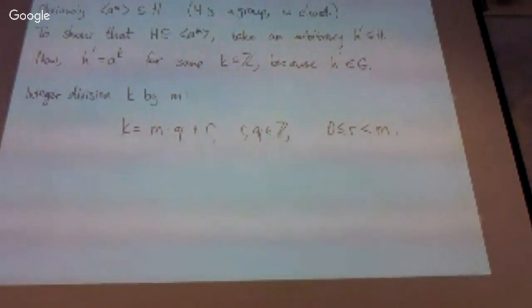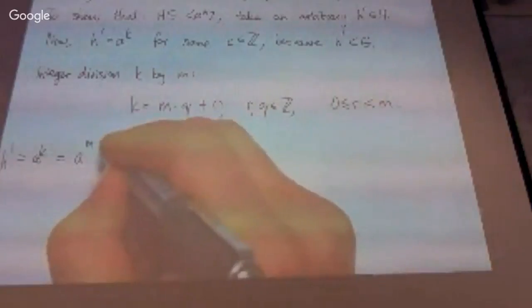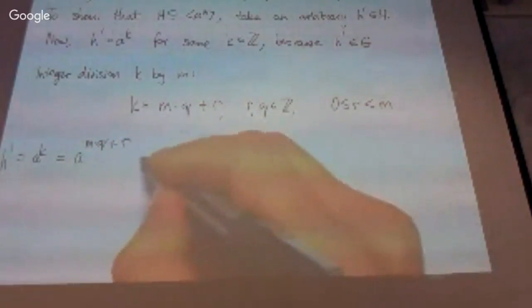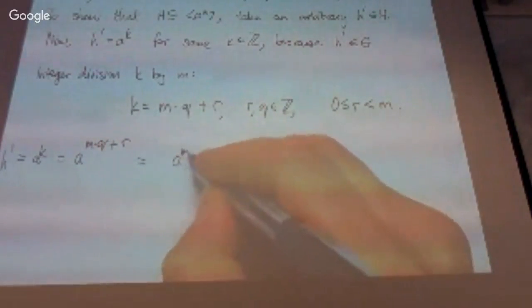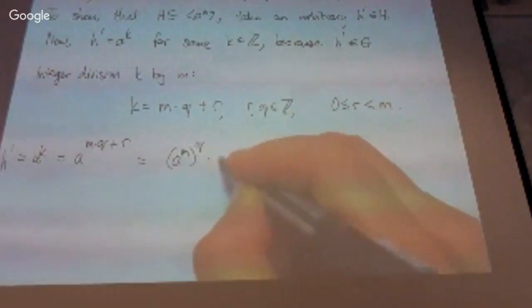Now, it's really going fast. Picking up speed. Look. So, what is h dash? It's a to the k. What is k? It's mq plus r. So this is a to the m to the q times a to the r.